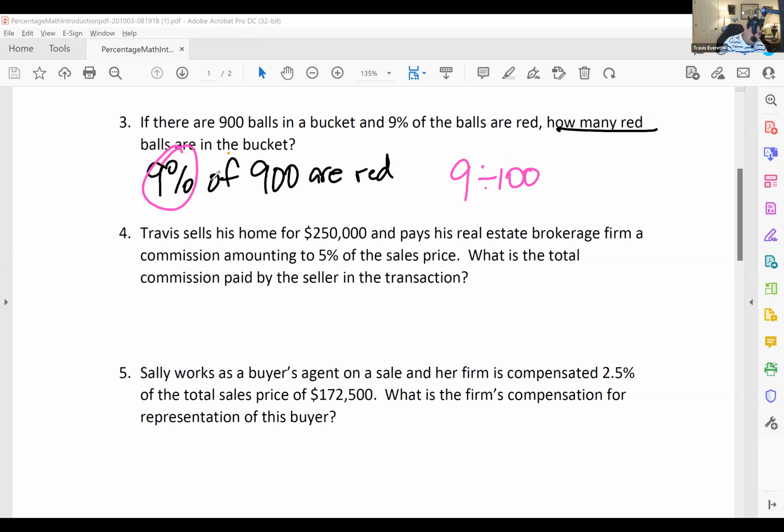Of becomes multiplication. 900 we don't need to do anything with because it gave it to us. So 9 divided by 100 times 900, 81 red balls. 81.